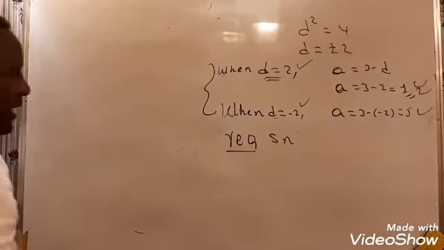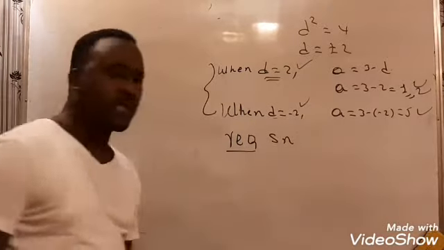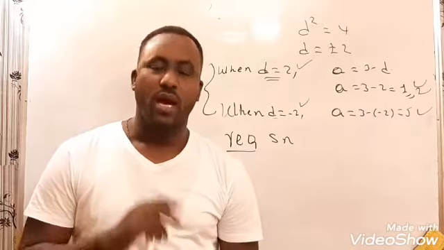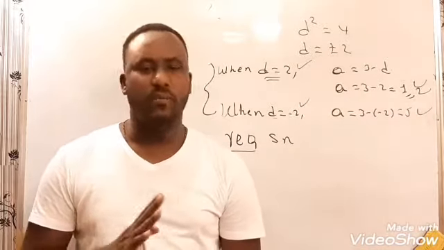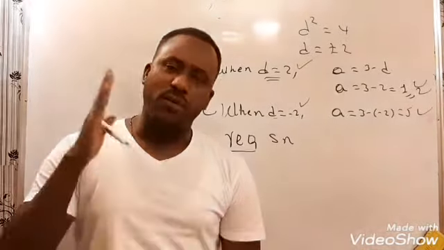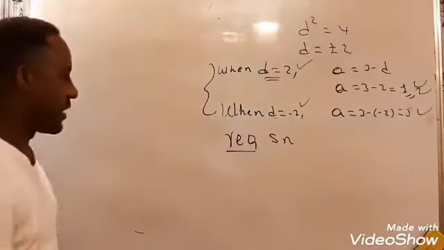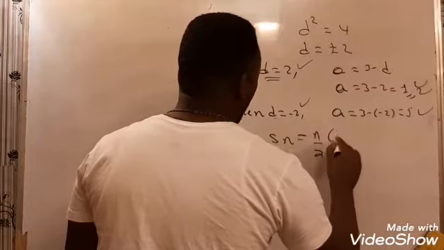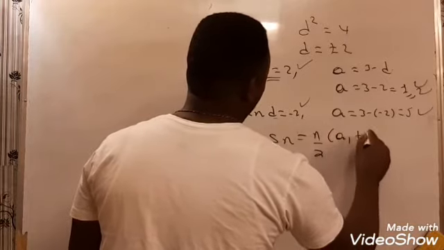Have to be technical. So, if the sequence is absolutely arithmetic, as you know, for any arithmetic progression, the partial sum is generally given by Sn is n over 2 into a1 plus an.